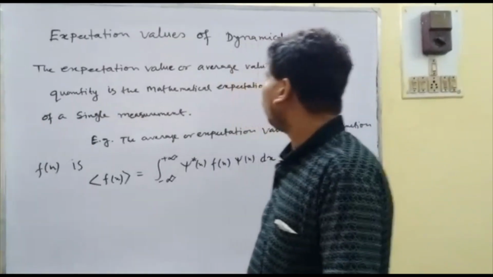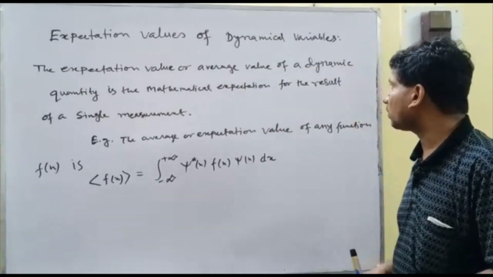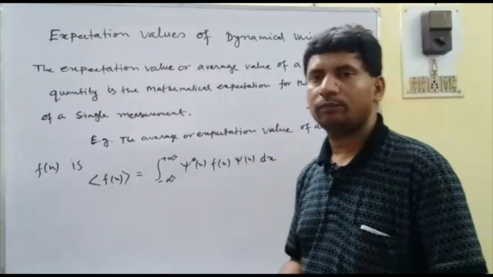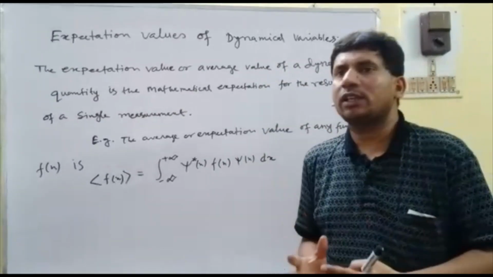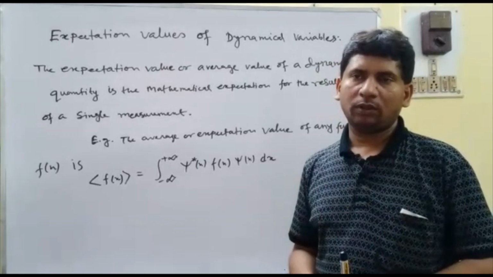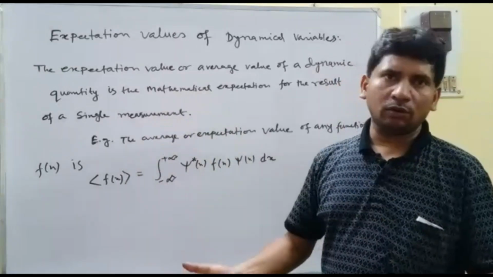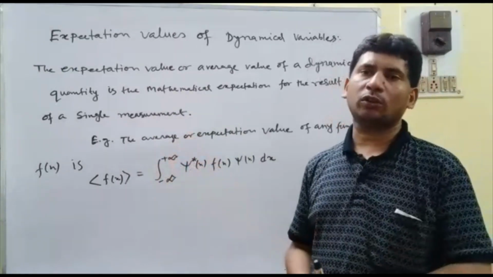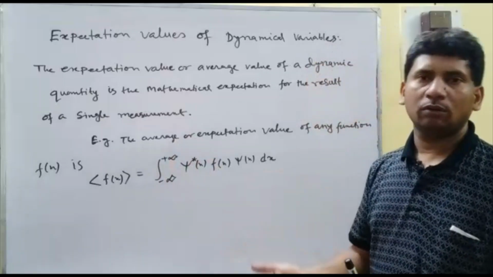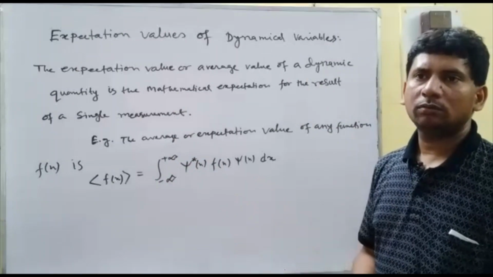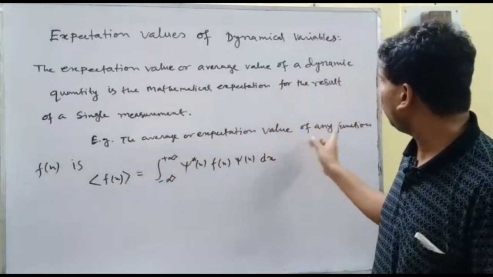The expectation value or average value of a dynamical quantity is the mathematical expectation for the result of a single measurement. What is this? Actually, expectation value, what we expect, is an average value. Suppose momentum increases or decreases, but the average value is what is expected. Same for position: position changes, but ultimately the average we take is the expected value.